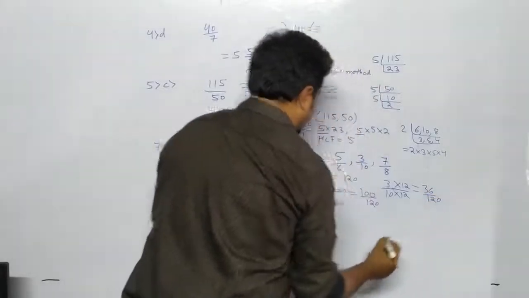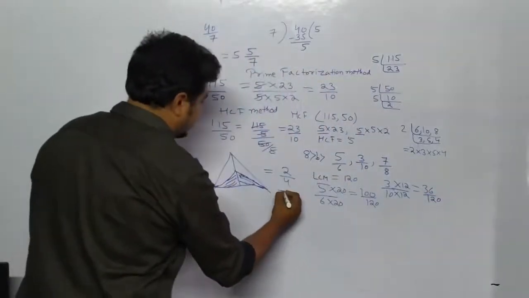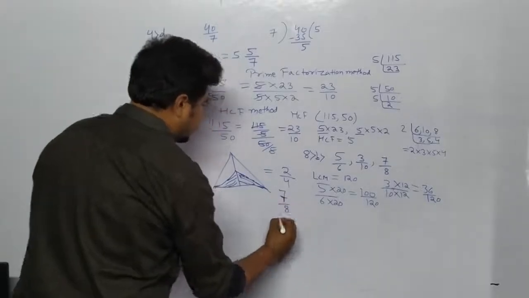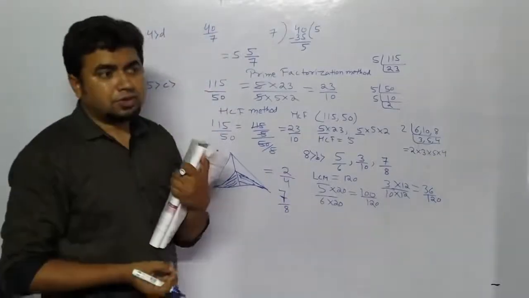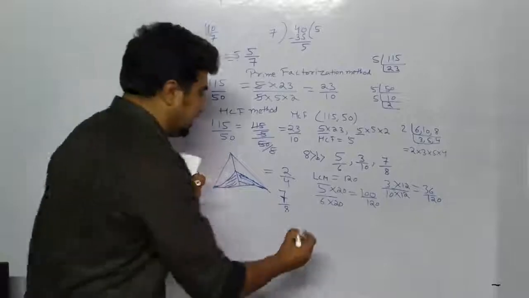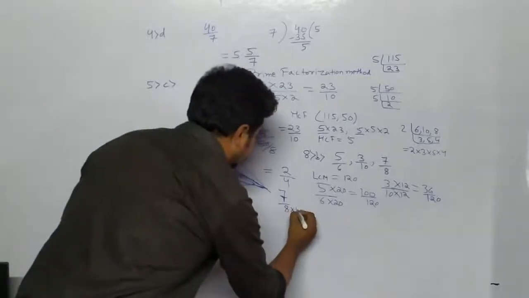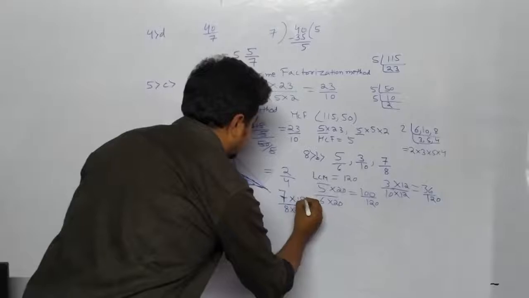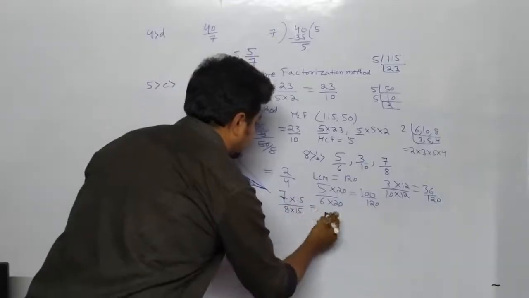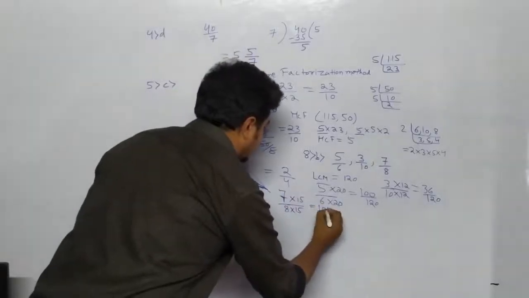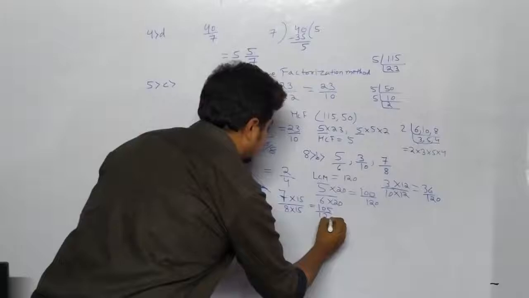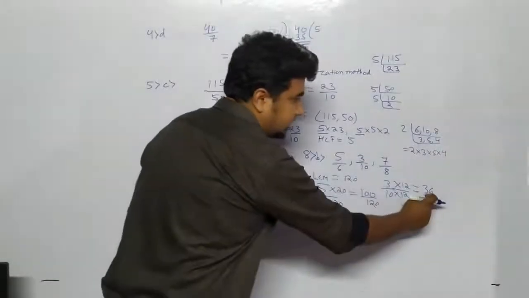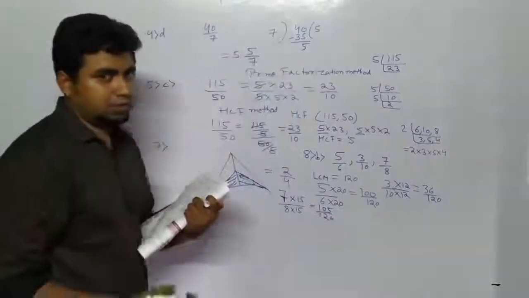Now the third part is 7 by 8. You have to make 8 into 120, so you multiply it by 15, because 15 into 8 is 120. Multiply the numerator also: 15 into 7 is 105, so 105 by 120. So the like fractions are 100 by 120, 36 by 120 and 105 by 120.